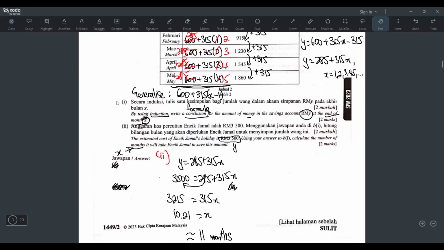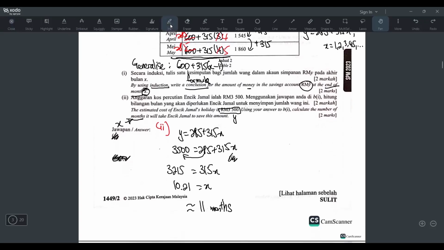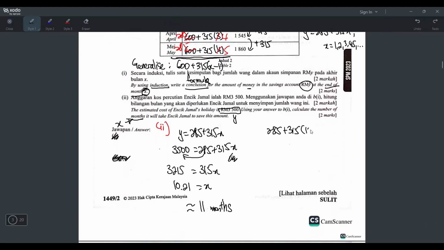Another way to check your answer is you can sub inside and see whether it is correct: 285 plus 315 times 10, and 285 plus 315 times 11, and see whether at 11 months the savings will be more than 3,500. So let me check 285 plus 315 times 10. This one you get 3435. And then the next one you get 3750.